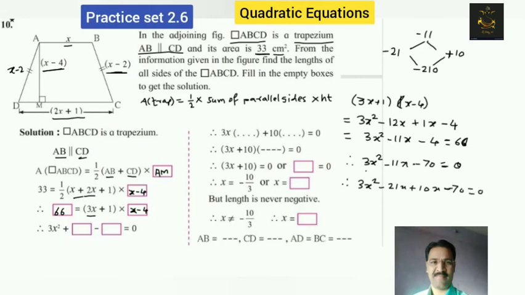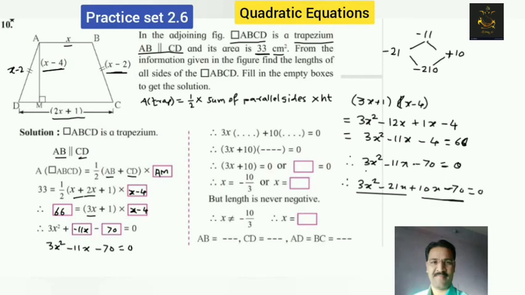Now from the first two terms and the last two terms, we are going to take some common terms, and we have to write that here. So I'll write all these terms here: 3x square minus 11x minus 70 is equal to 0.